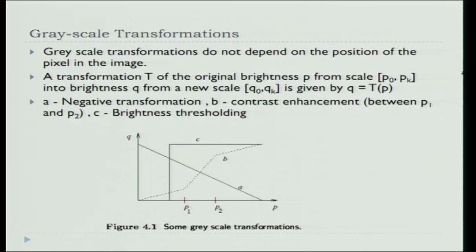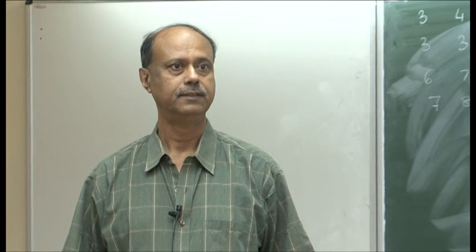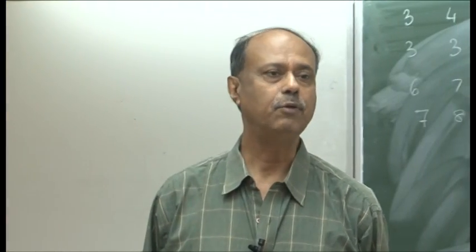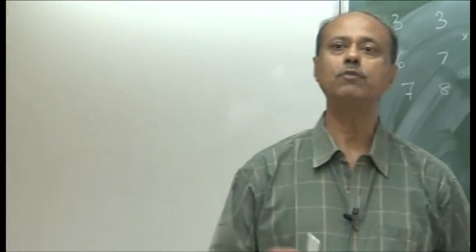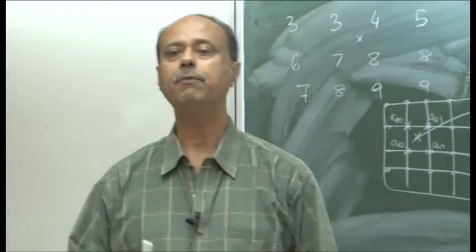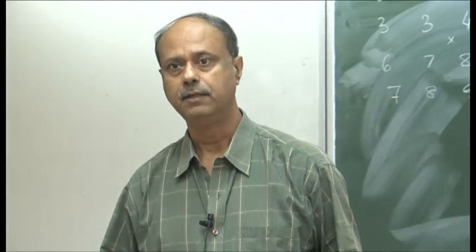As I told you that it is not dependent on the position of the pixel, but what happens sometimes I like to see the negation of my image. What it means? That whatever pixel value I have, that white I want to convert into the black, black I want to convert into white, right.